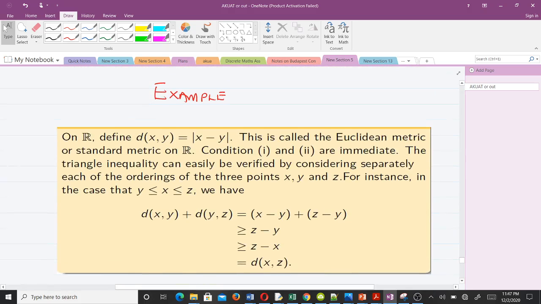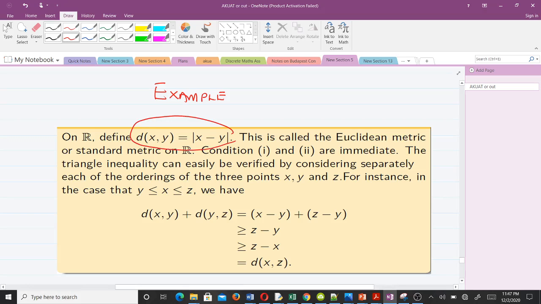So there is an example here. Okay, so we want to talk about the Euclidean metric, or the standard metric on R. So on our number system, we can define the distance between x and y to be this, right?